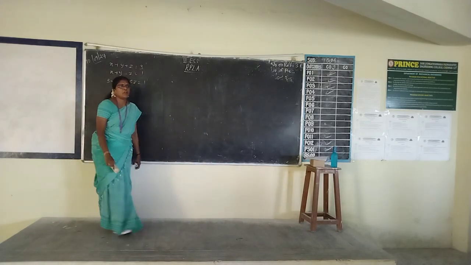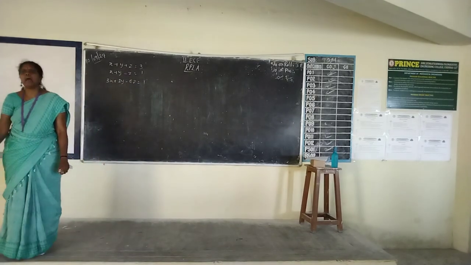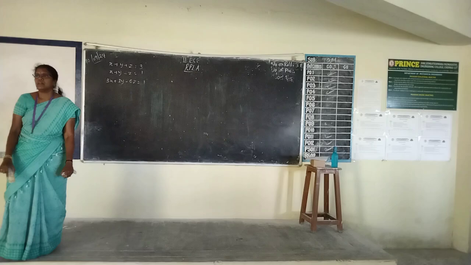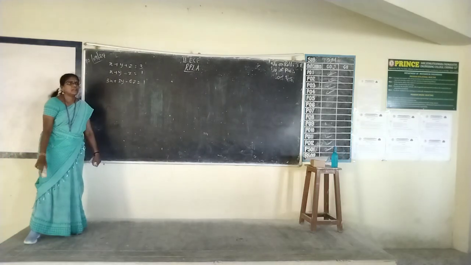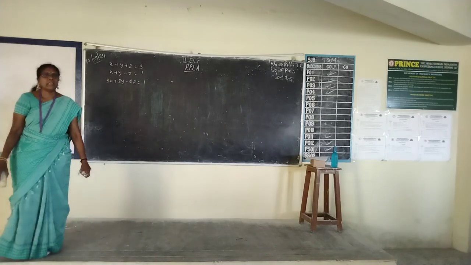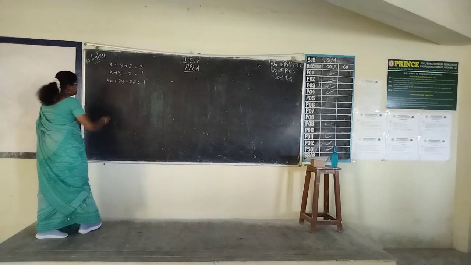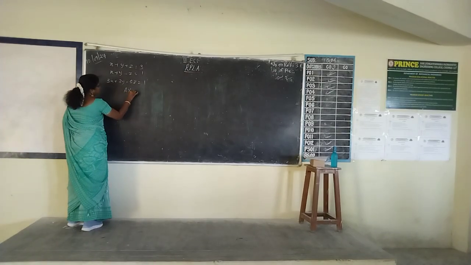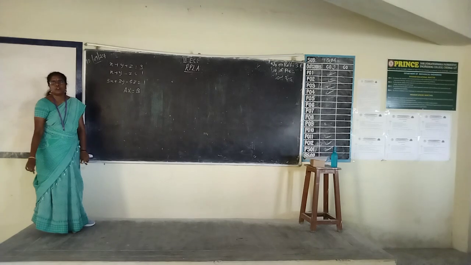So what is the step 1 you have to do? You have to read it into matrix. So the given system of equations is equivalent to Ax equal to b.